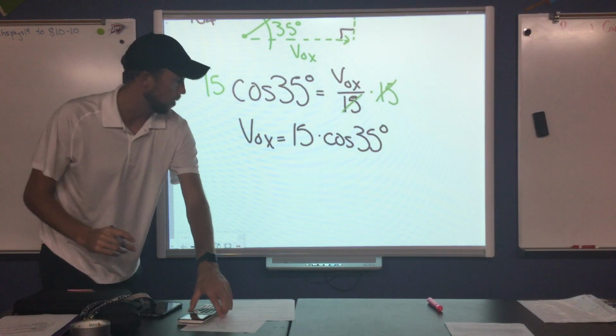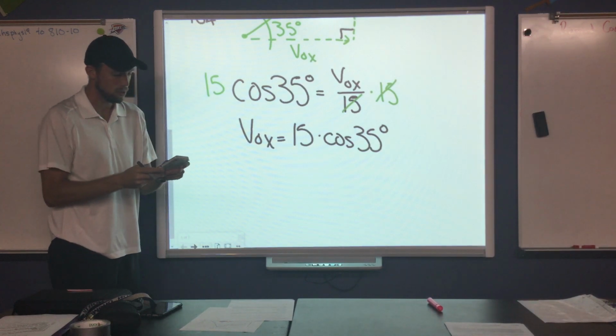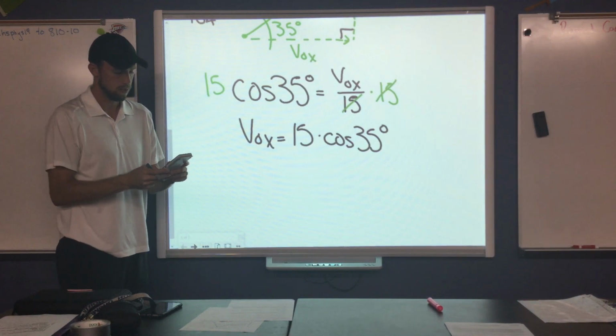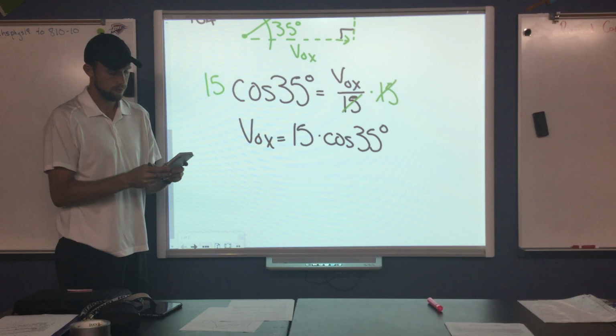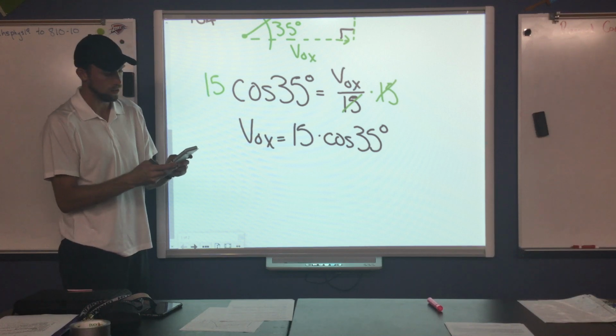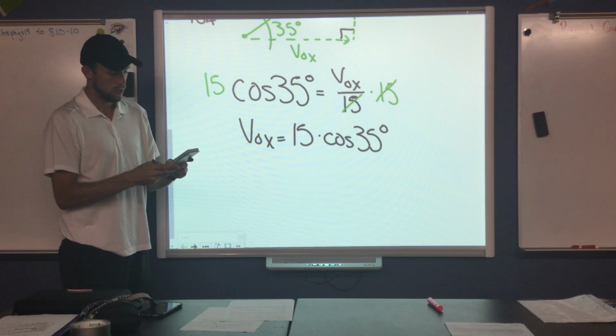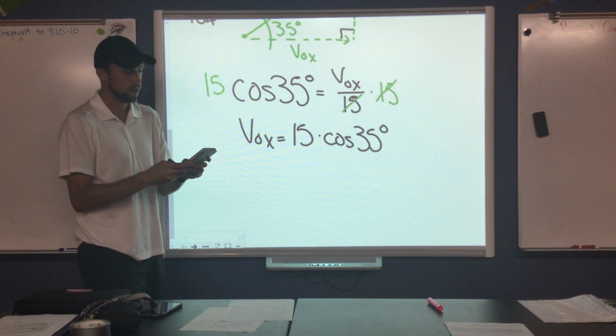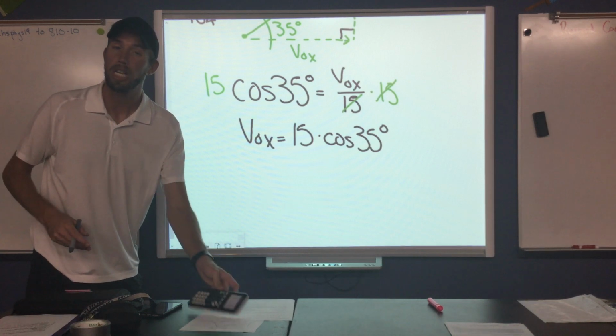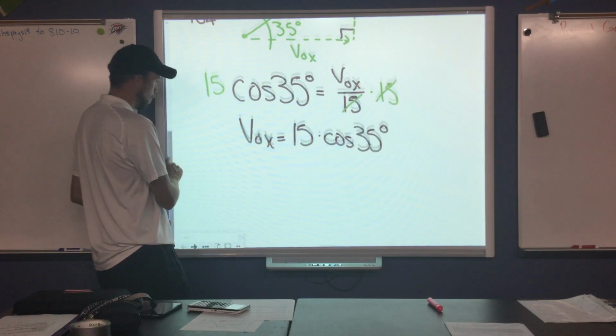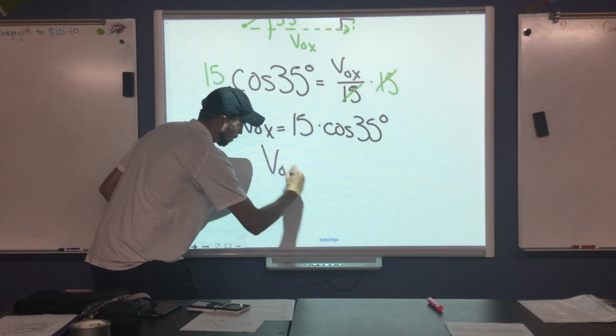So now I'll plug those values in, making sure I'm in degree mode. 15 cosine of 35 degrees. Oh, got to switch my mode there. 15 cosine of 35 gives me a value of about 12.3 meters per second. We will round that to 3 significant figures.